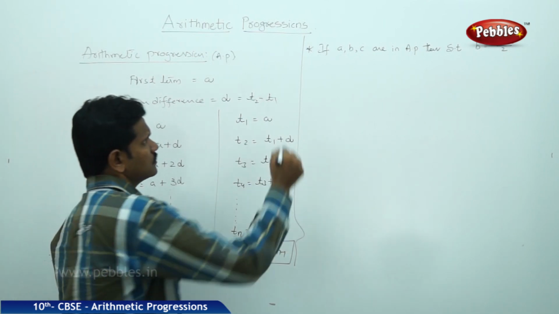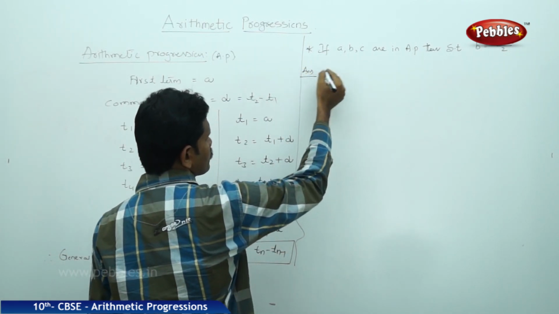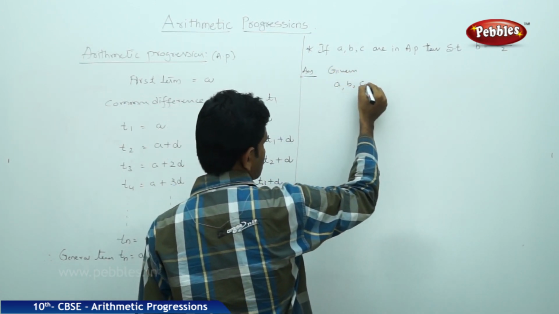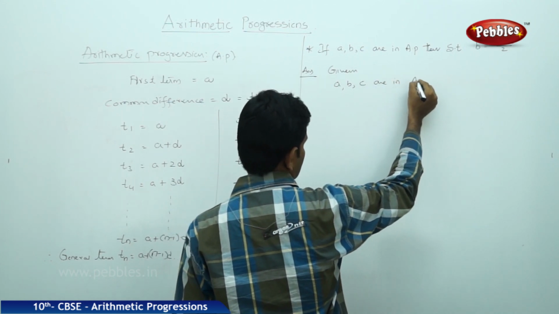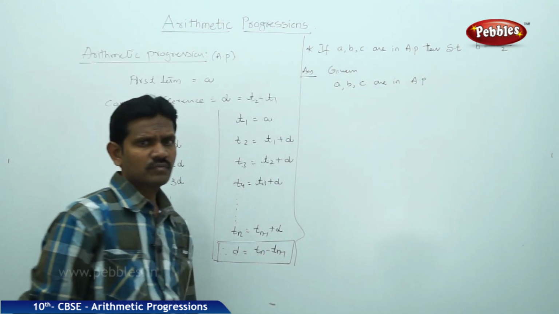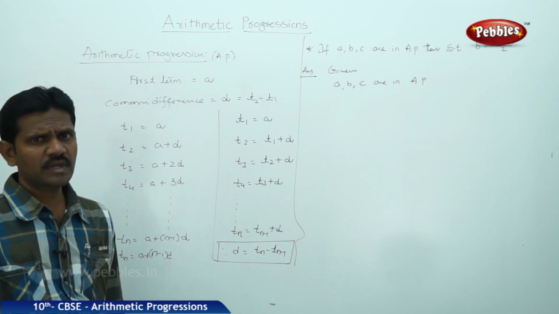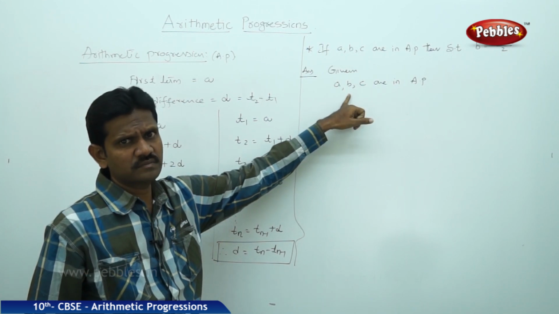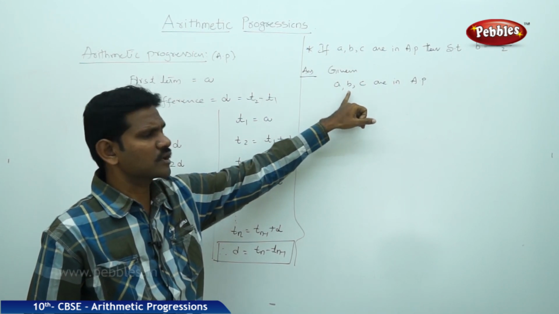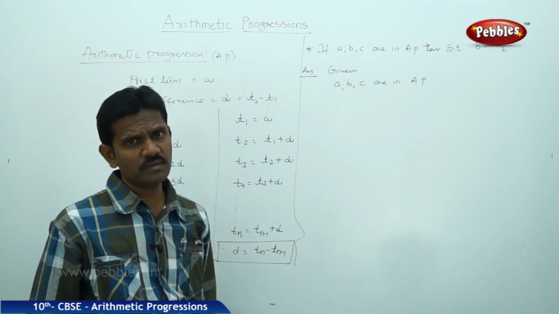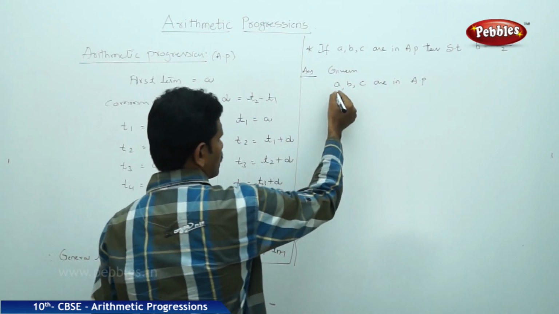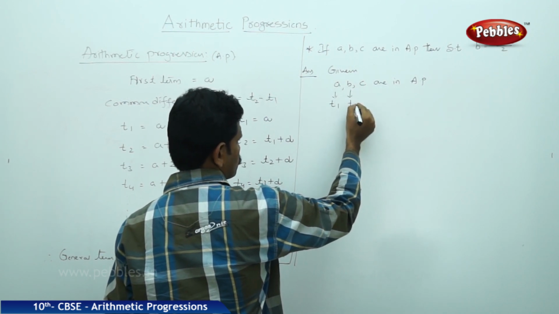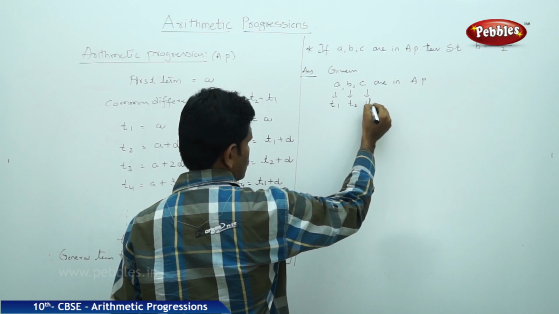Answer: given A, B, C are in AP, then B is called the arithmetic mean. B is called the arithmetic mean of A and C. That is, let us treat this as T1, this as T2, this as T3.